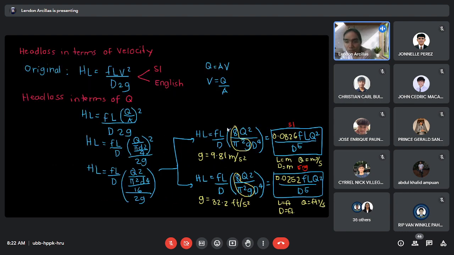Bakit naging 0.0826 siya sa SI in terms of Q? And head loss in terms of Q sa English, ito yung formula niya. 0.0252 FLQ squared over D raised to 5.